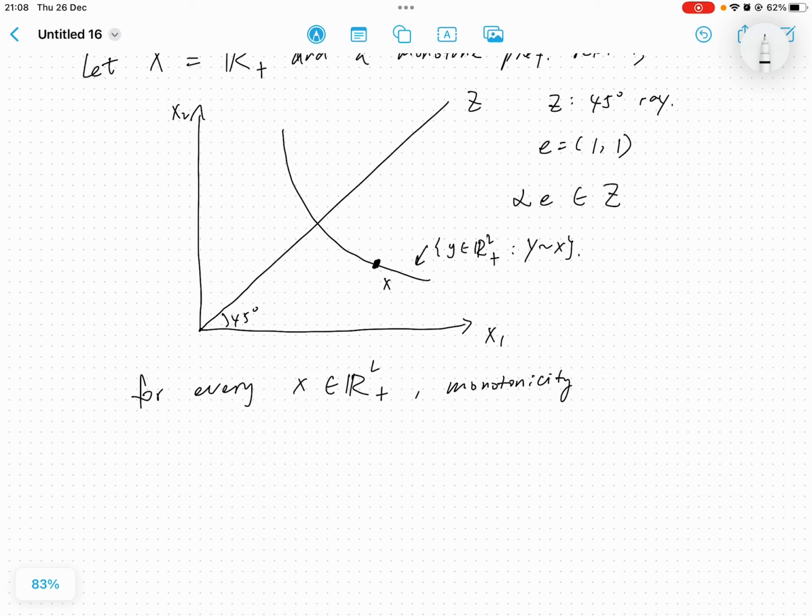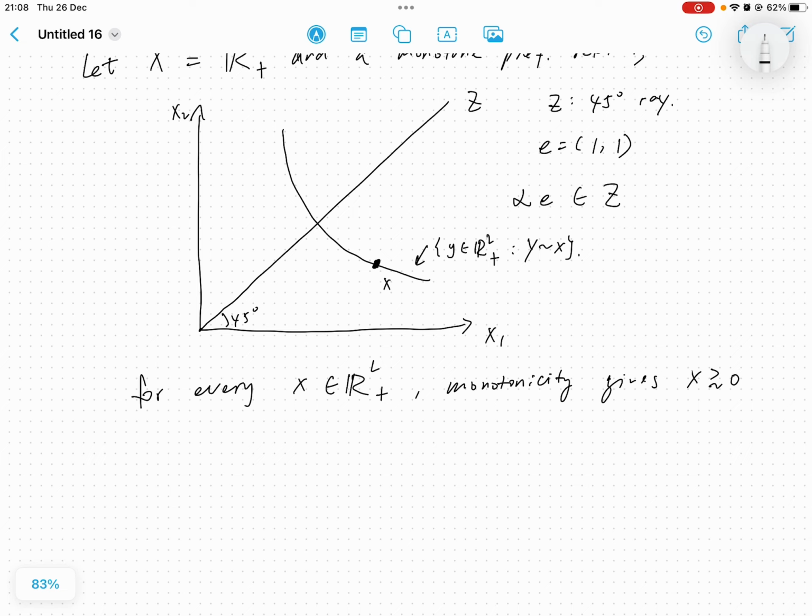Monotonicity gives us that x has to be weakly better or weakly preferred to 0, the 0 vector. So something has to be better than nothing. Okay, so in this case, because x is always positive in other dimensions, not negative, right?